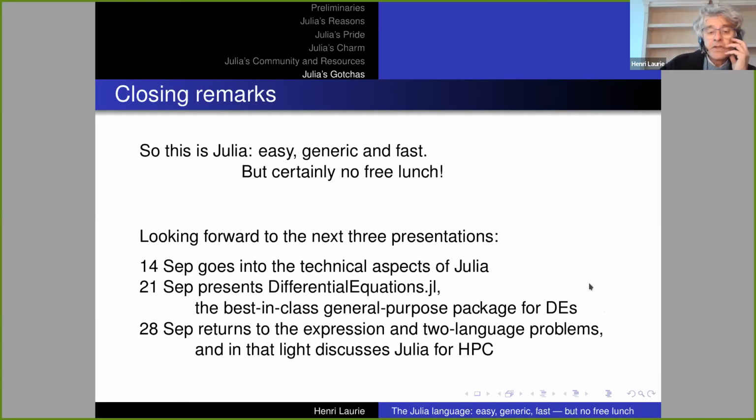And then DifferentialEquations.jl, just the very broad range of problems that can be addressed in that meta package, and how it's done, what the design decisions were, and how a relatively small group of people managed in a very short time to create an incredibly wide coverage of problems. And so I haven't really spoken enough about the two-language problem and the expression problem, so that will have to wait until the 28th of September.